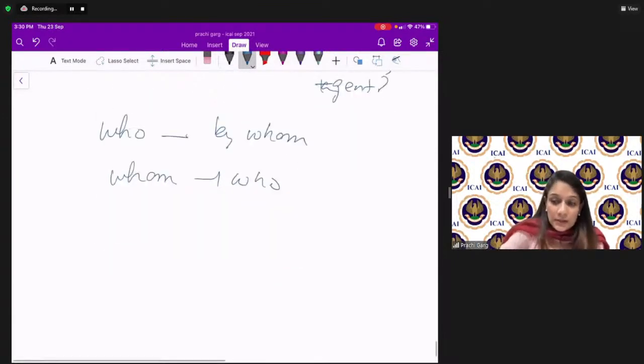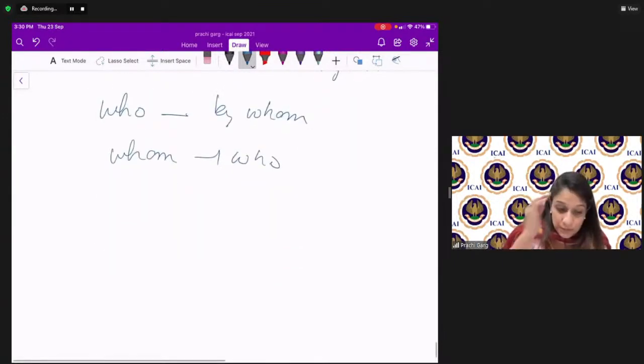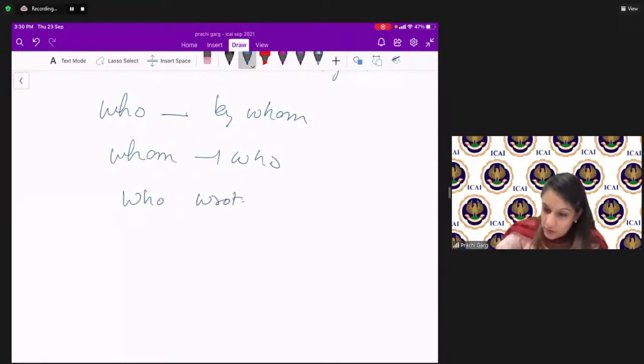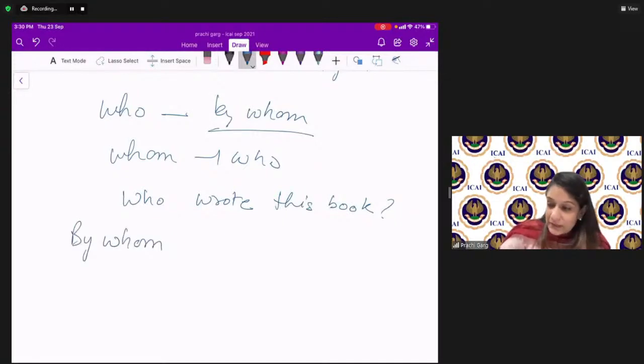All right. Now let's look at the examples. Who wrote this book? Now, how will this change? Who will become by whom. By whom will be followed by the auxiliary.